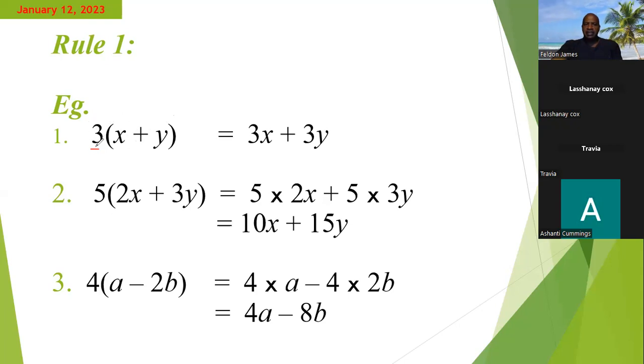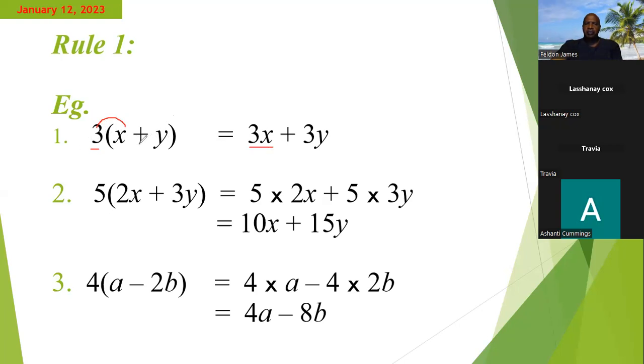So you take the 3 times the x, you're distributing the 3 to the x, so we get 3x.